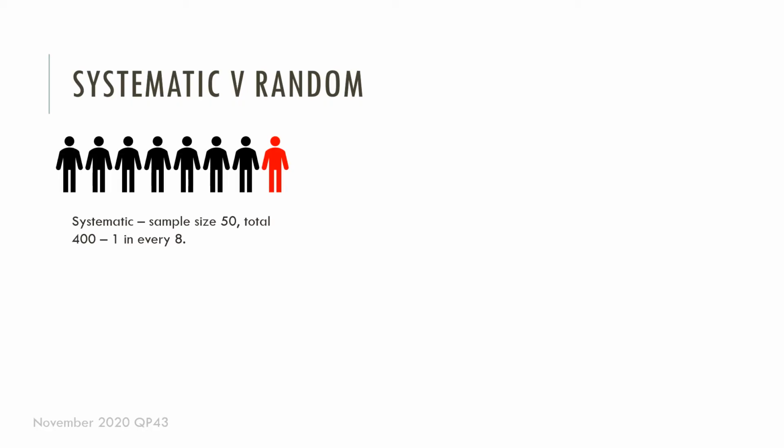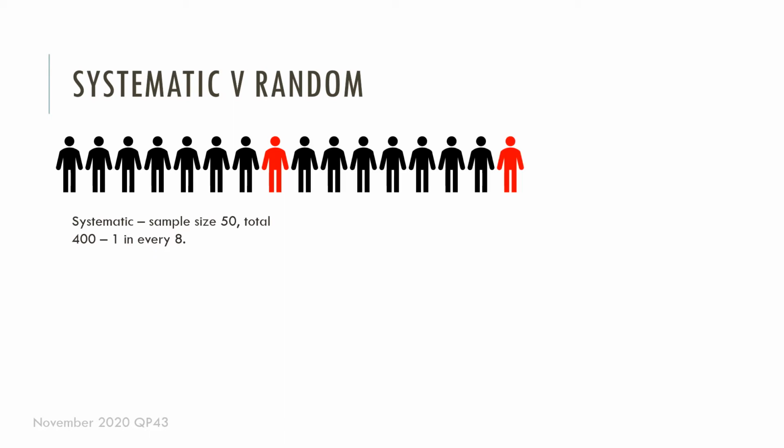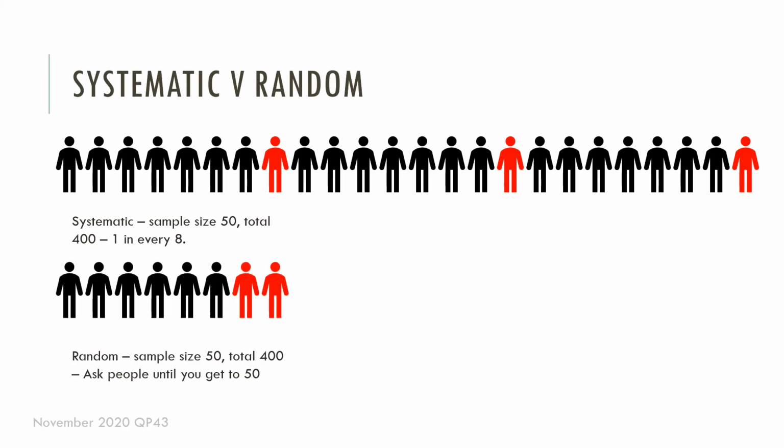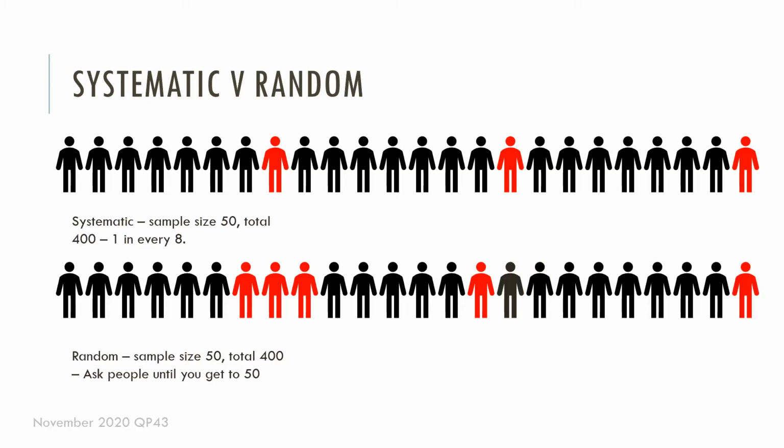So in this case, systematic sampling is if I want to take 50 for my sample and the total's 400 people, therefore I'm going to ask 1 in every 8th person. So as that person's walking in, I'm going to select the 8th person. And then you've got next 7, select the 8th, next 7, select the 8th. Random sampling is when you keep on going until you get to 50 people.